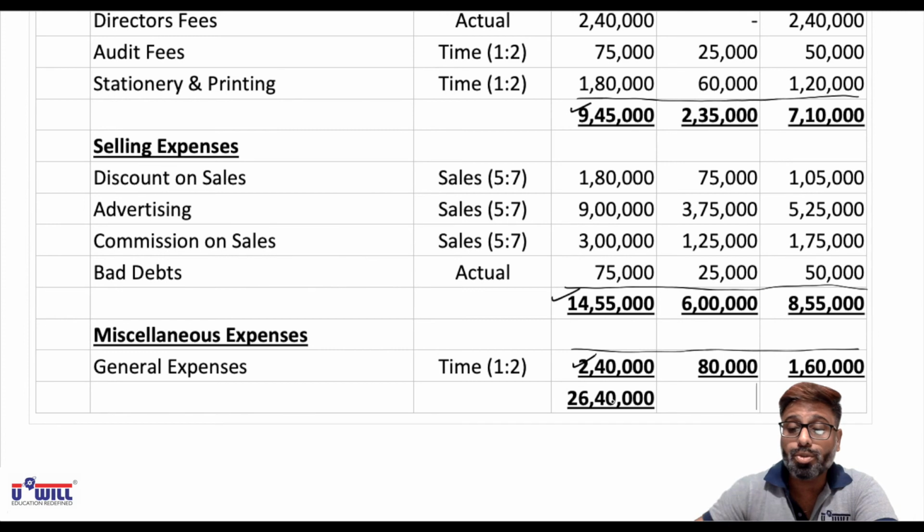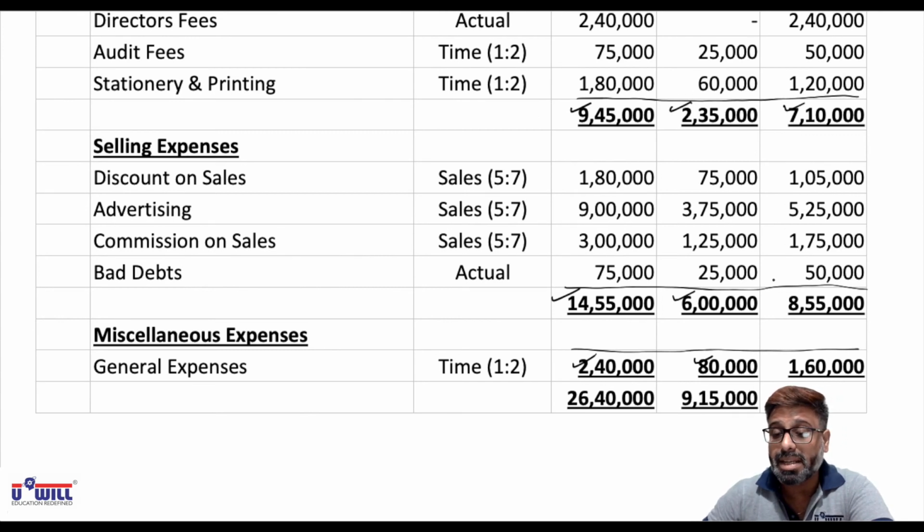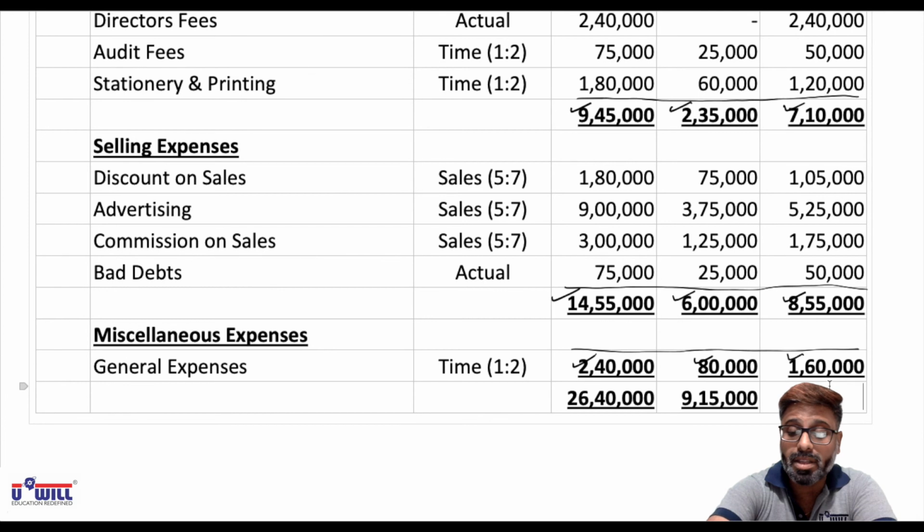Same way, 2,35,000 plus 6 lakh is 8,35,000, plus 80,000 is 9,15,000. And the last one, 7,10,000 plus 8,55,000 is 15,65,000, plus 1,60,000 is 17,25,000.